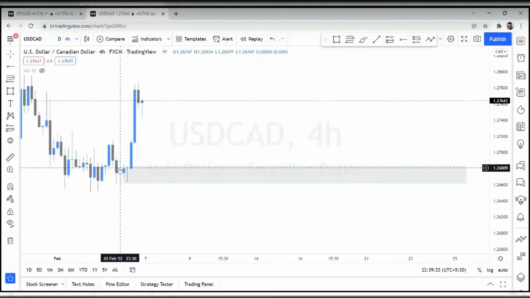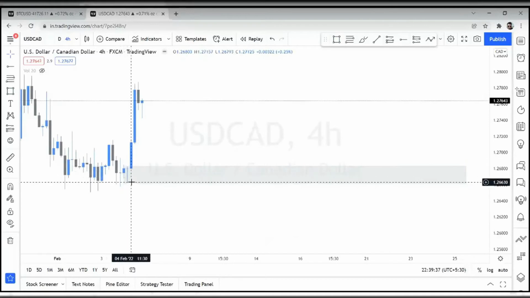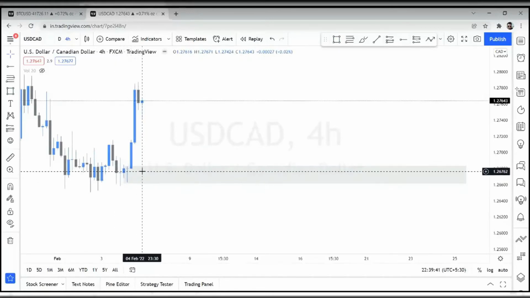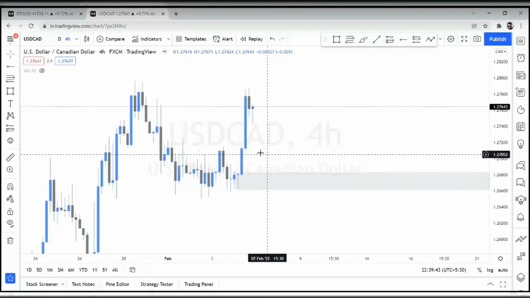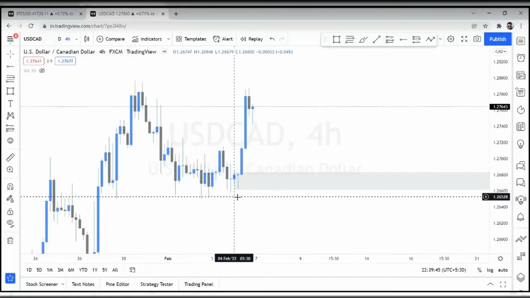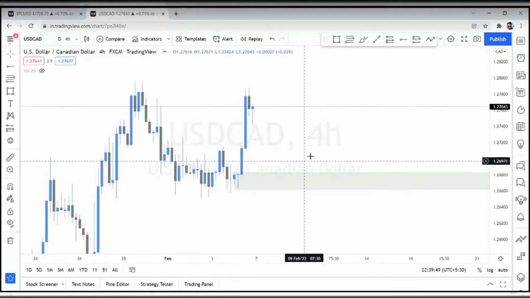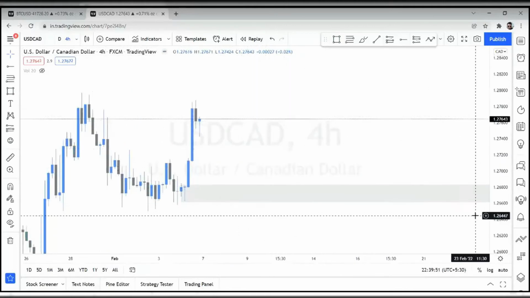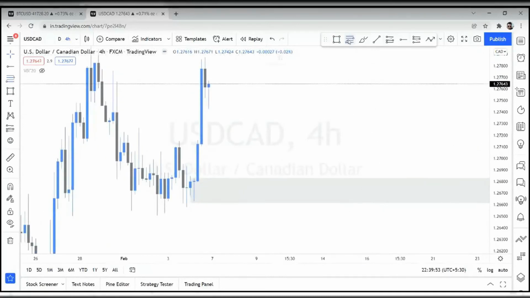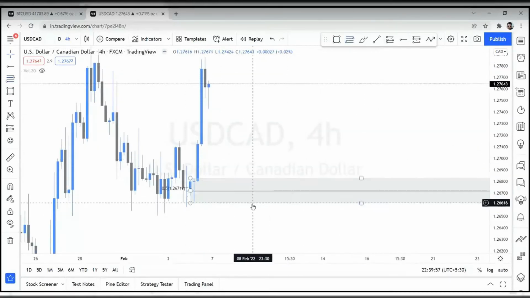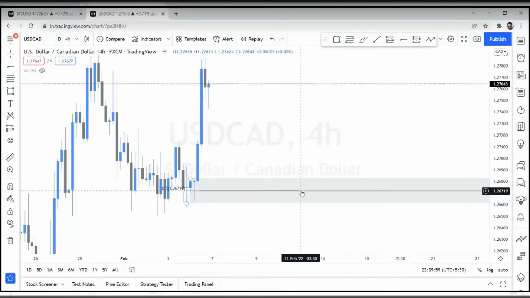That is fine, but we should also include this wick that comes below this. This is why I'm taking this whole. And if you're super crazy, you can go all the way to 5 minutes, 1 minute, and you can refine this order block. But if you don't want to do all of that, what you can do is simply take your Fibonacci, take 50% of this. This is the area where you will be looking for a buy.